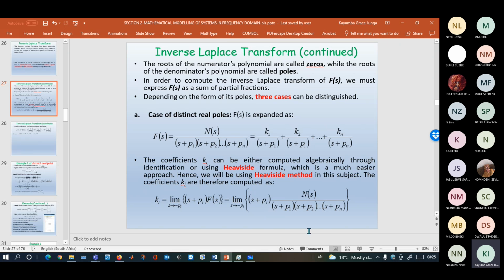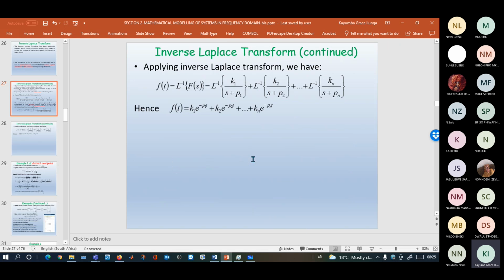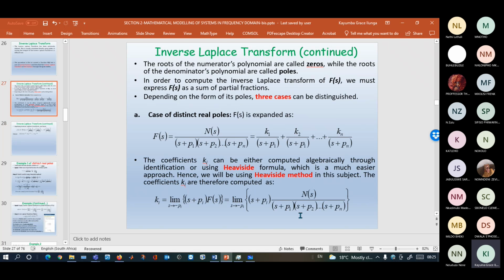After you find the values of k1, k2, up to kn, you are going to be able to put them back. So if you find the value of k from this formula, now you can replace your k on top of all these different partial fractions.